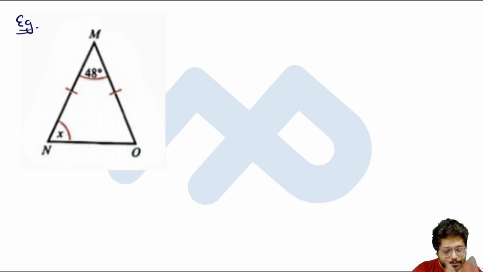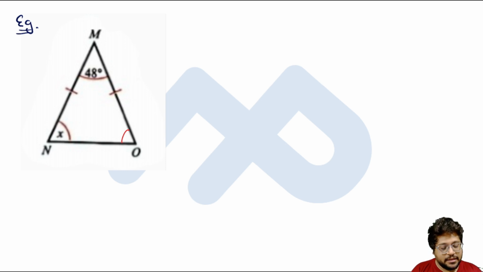See the first example here, MNO. It is an isosceles triangle where MN and MO are equal to each other. So we already know that according to the isosceles triangle property, the angles opposite to the two equal sides are equal to each other.